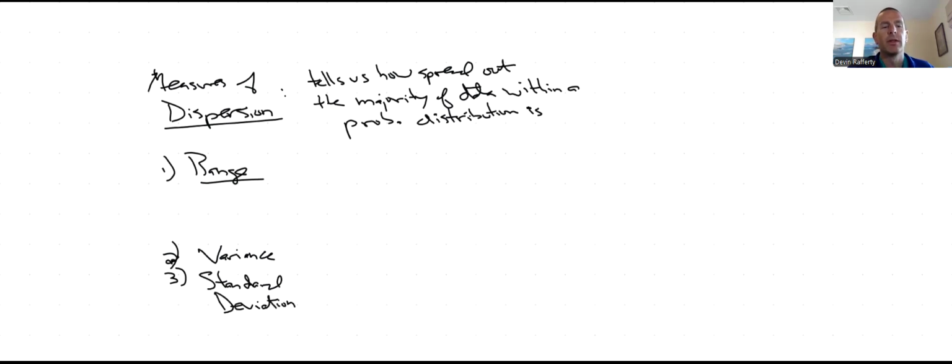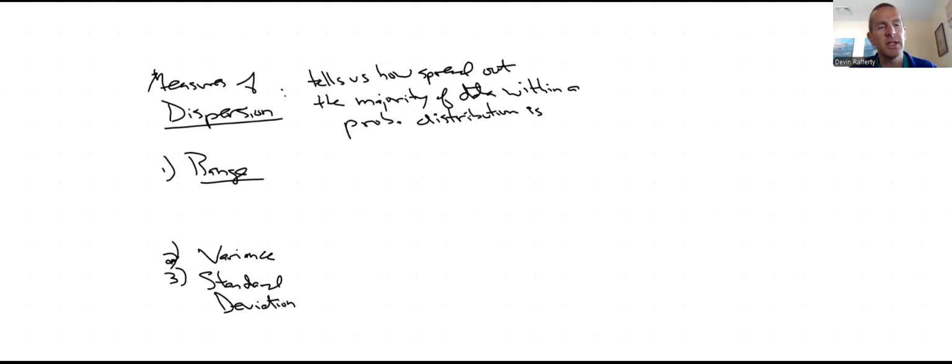The standard deviation is nothing more than the square root of the variance. So if you calculate the variance and take the square root, now you have the standard deviation. Those are the three measures of dispersion.